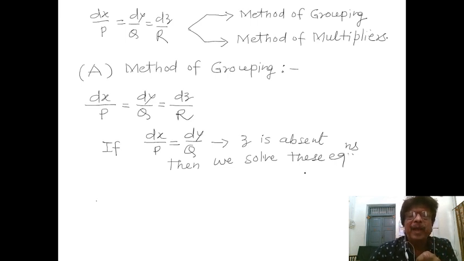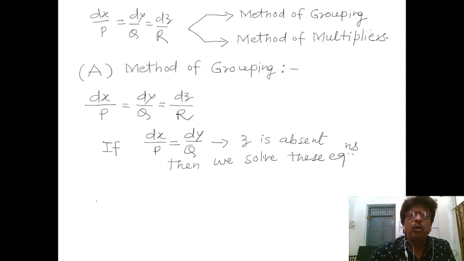Dx upon capital P equal to dy upon capital Q. In this, z should be absent. Then we can group these two equations, first and second, and solve them for x and y.